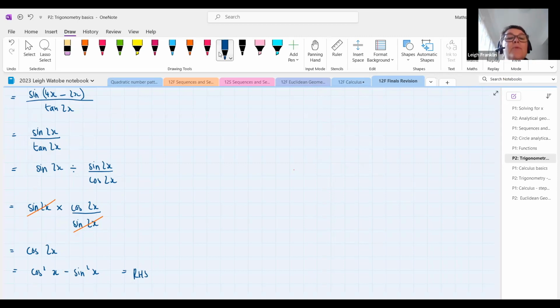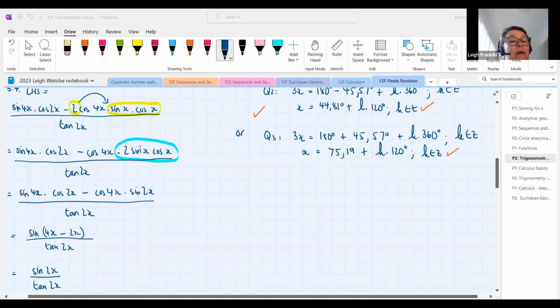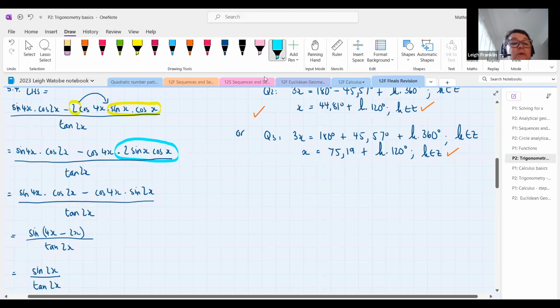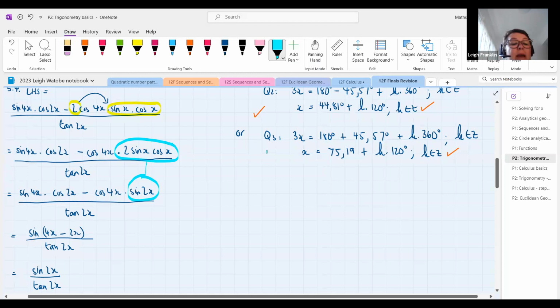Okay, so Amu, I know I lost you somewhere. What I was doing here, Amu, is I was trying to make a compound angle. So I moved the 2 into the middle so I could have 2 sine x cos x. And from the 2 sine x cos x, I then wrote that as sine 2x.